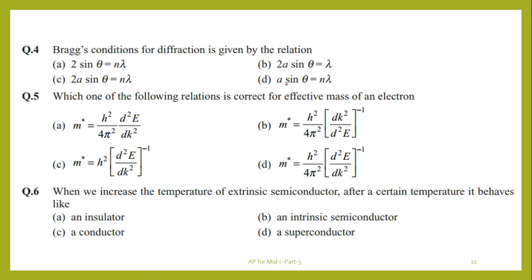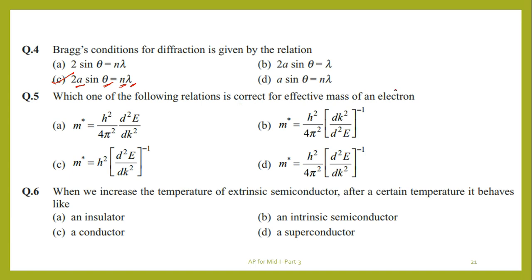Then Bragg's condition for diffraction is given as 2d sin theta is equal to n lambda, where d is the interplanar spacing, theta is the incident angle, n is the order, and lambda is the wavelength of the incident ray. Which one of the following relations is correct for the effective mass of the electron?